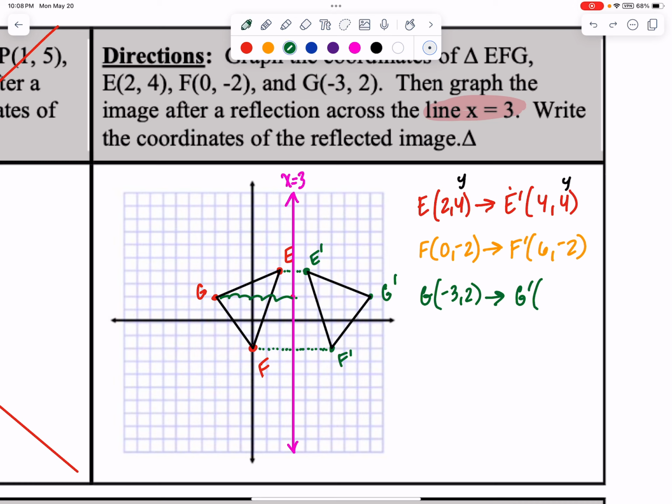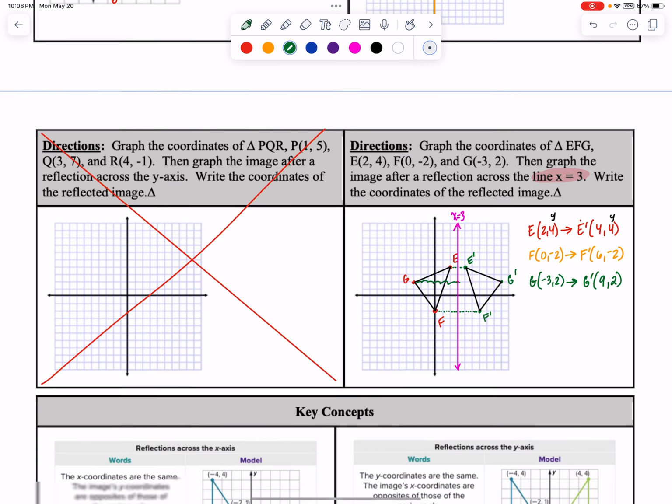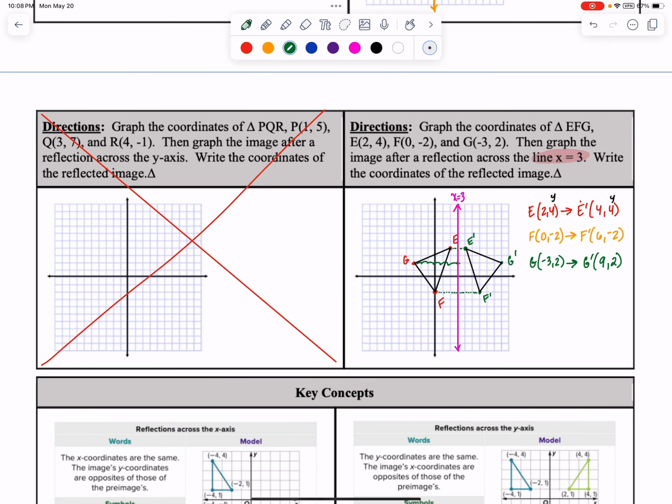Let's go ahead and calculate our new ordered pair for G prime. We're over 1, 2, 3, 4, 5, 6, 7, 8, 9, and up 2. So 9, and we're still up 2 because the Y doesn't change. There's our new points for that, and we can move on to the next one.